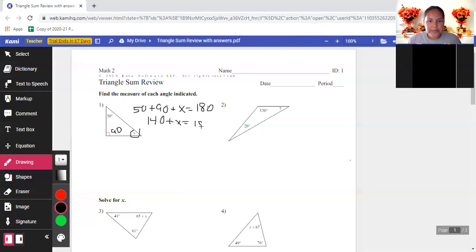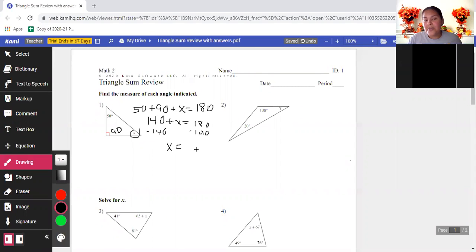What do I do now? How do I get X by itself? You subtract the 140 to the 180. Yeah, you're going to subtract that 140 to the 180, and what do you get when you subtract that? Negative 40.